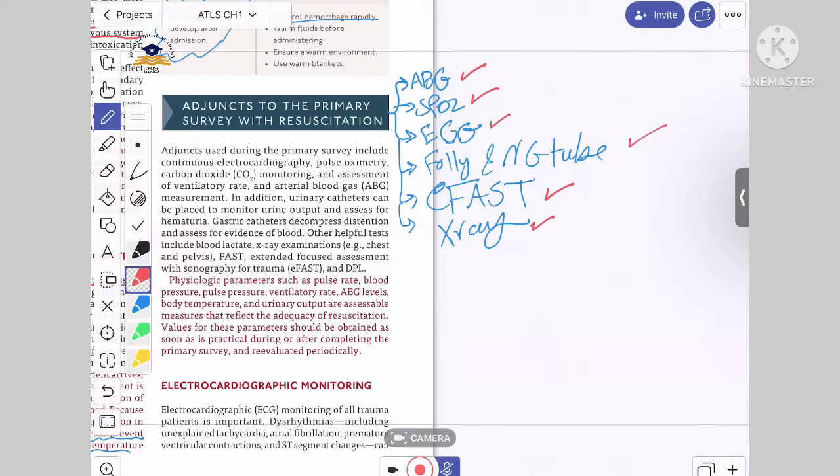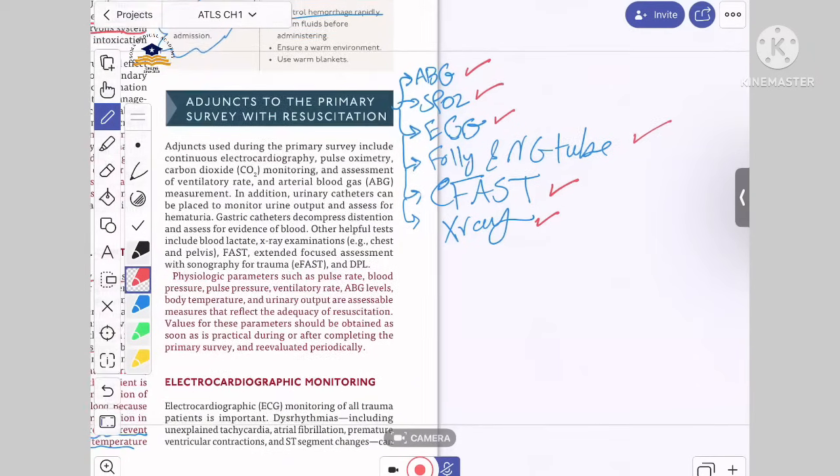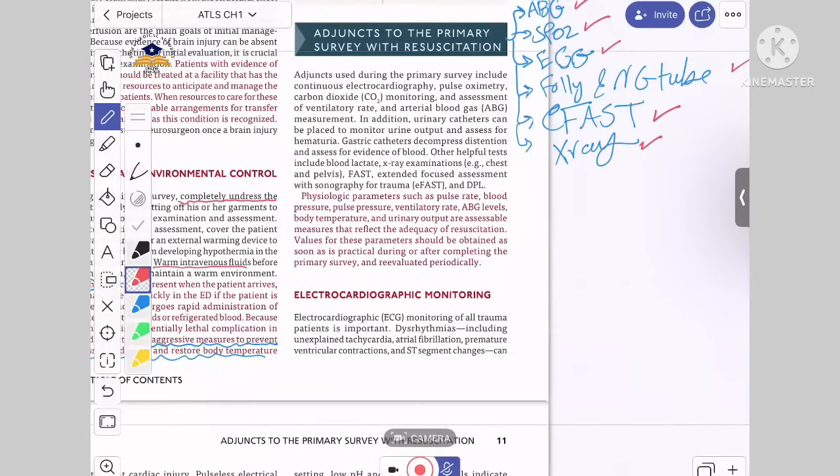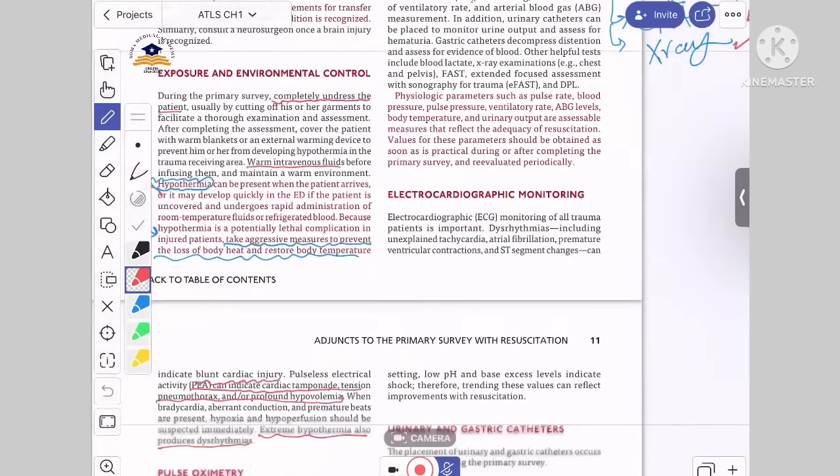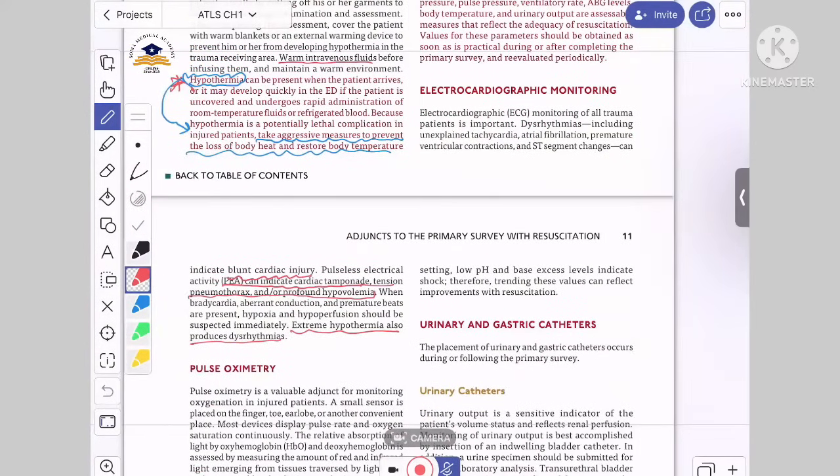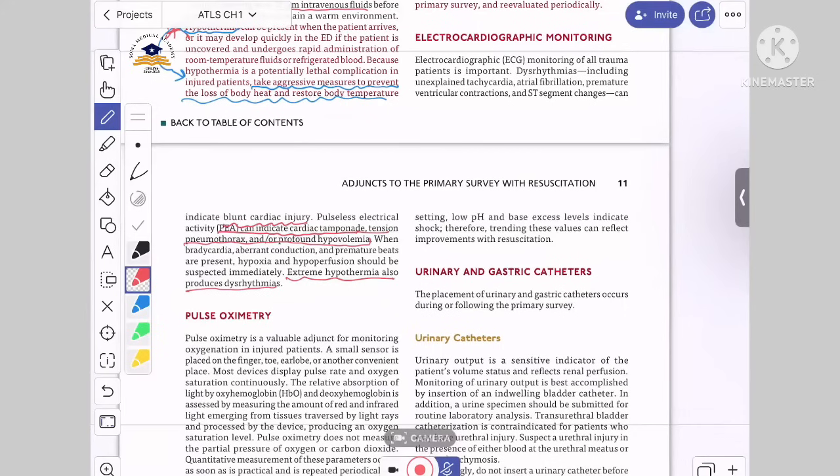X-ray and EFAST are considered adjuncts in the primary survey. Blunt cardiac injury can cause pulseless electrical activity, which indicates cardiac tamponade, tension pneumothorax, or profound hypovolemia.